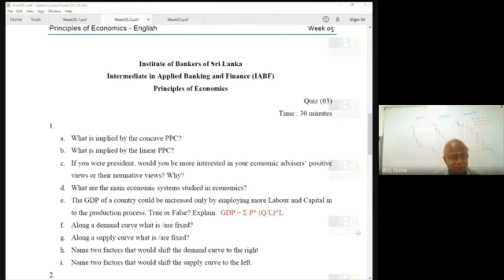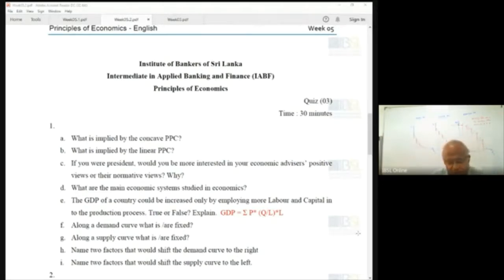Per person contribution, per person output increases. So that is another way to increase the output. Not only the number, but also the productivity of the worker or of a machine.